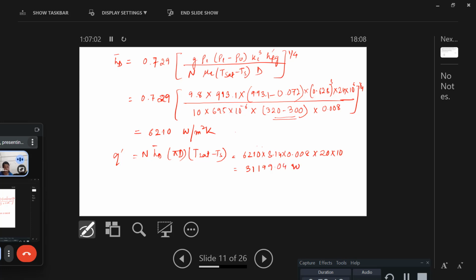This is watt per meter. So we can calculate m dot prime as q prime by hfg prime. So this is 31199.4 divided by 2.4 into 10 power 6.